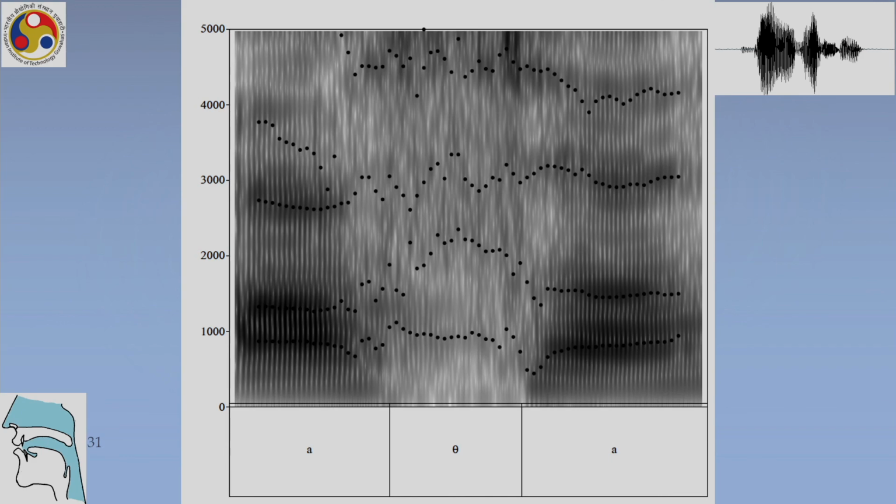The important thing to remember about this fricative is that the frequencies of the vowels will spread into it, so that's one characteristic of a fricative like h.